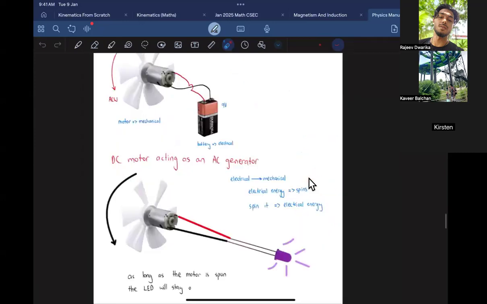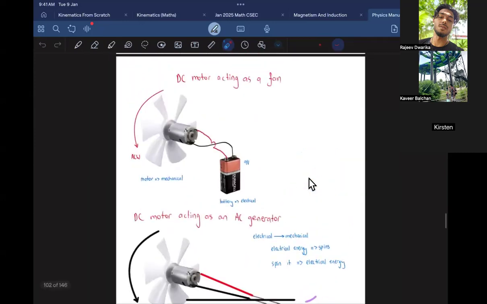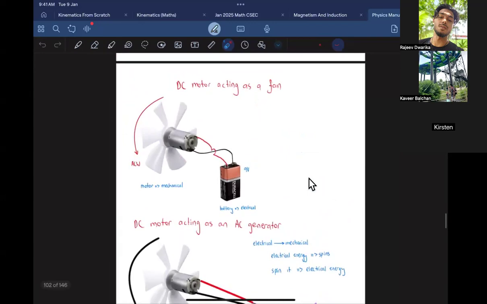So in this scenario, what was the energy transfer? The battery has what kind of energy? Electrical energy. And what does it get converted to because of the motor? Mechanical energy.